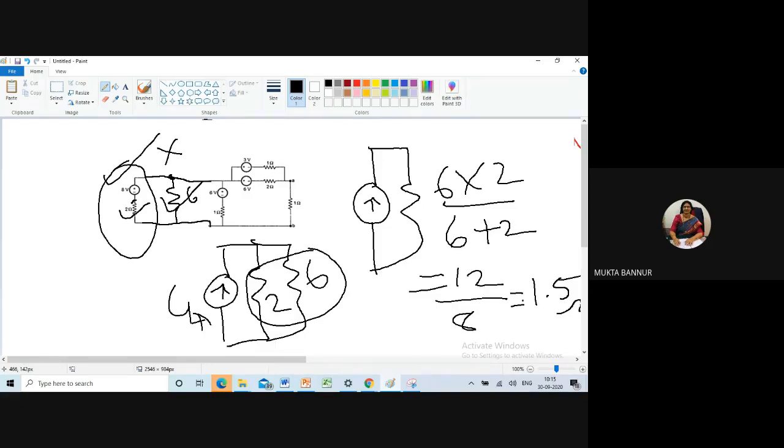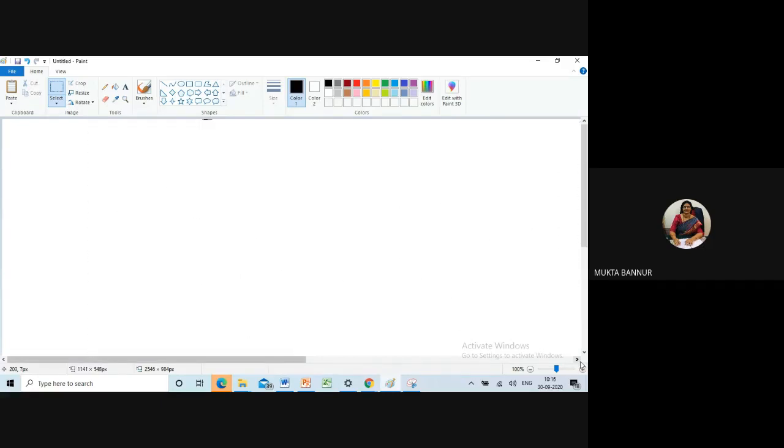By that time, I will be giving you one homework. What is this number called? Is it a complex number?